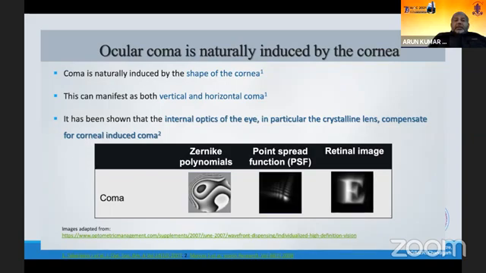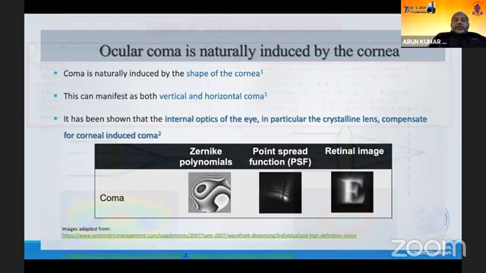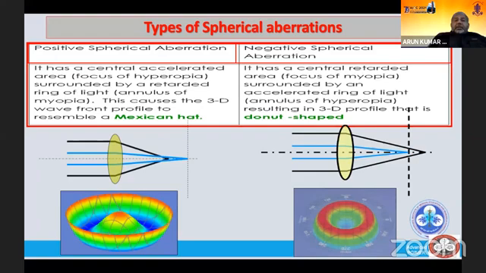As we all know, the spherical aberration could be a positive spherical aberration as shown on the right side, or it could be a negative spherical aberration. In all of us, the combined eye spherical aberration is around 0.1 micron. Cornea has plus 0.27 on average, and the lens in the youth of life has around minus 0.2 micron of spherical aberration.